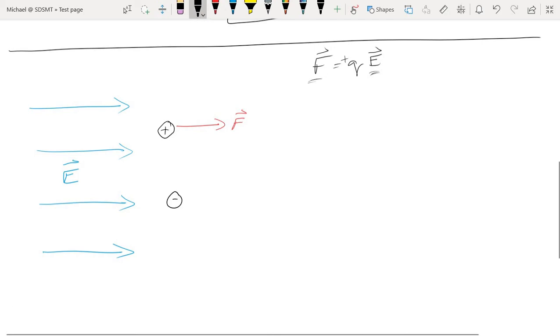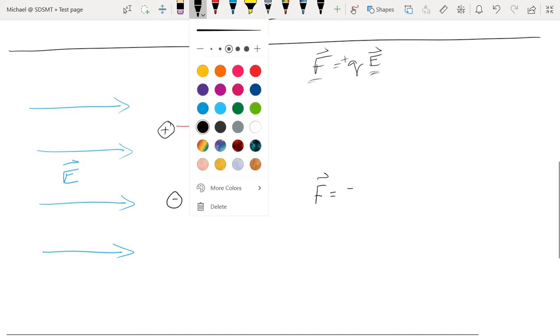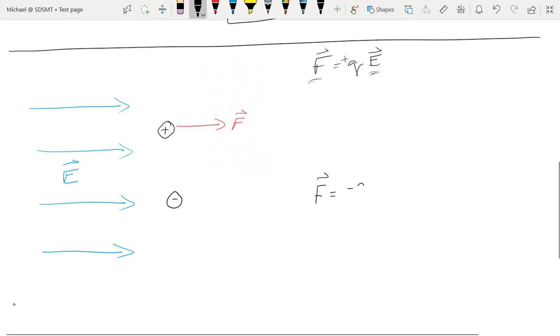Conversely, if we had a negative charge that we placed into the electric field, that sign would flip the direction of the vector, and we would see the electric field producing a force in the opposite direction.